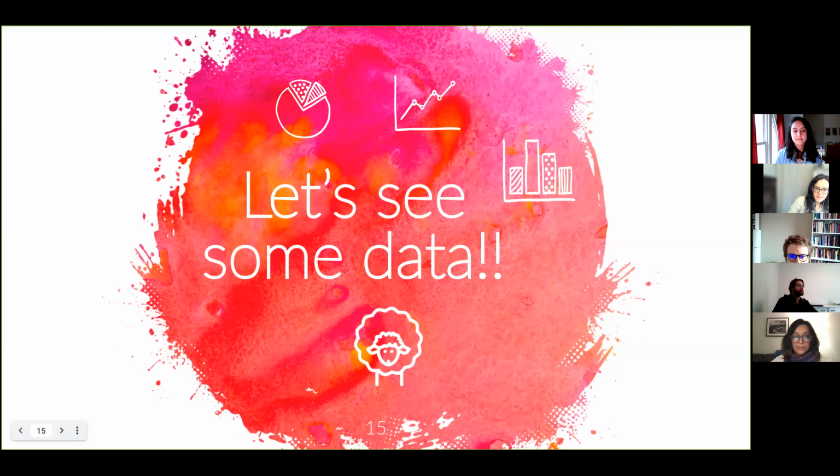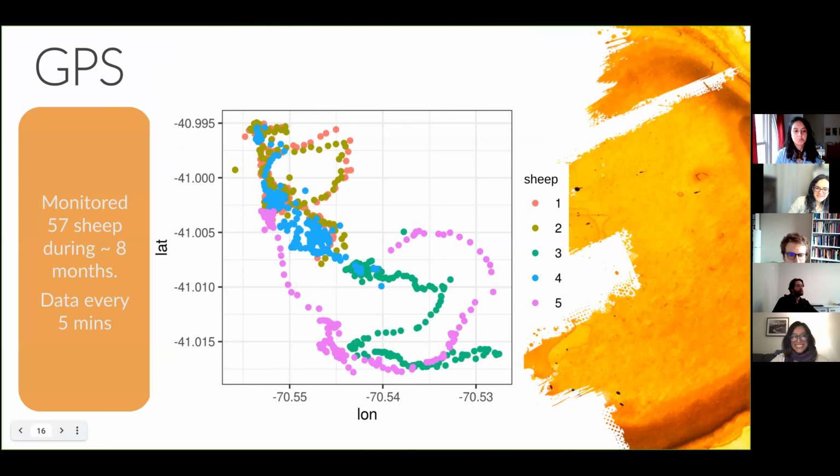So now let's see some of the data. When the experiment finished, we had monitored 57 sheep because 3 died during the experiment. And we have information for approximately 8 months. And as I told you before, we have data every 5 minutes.